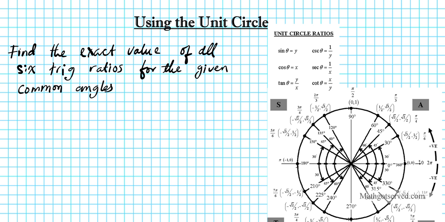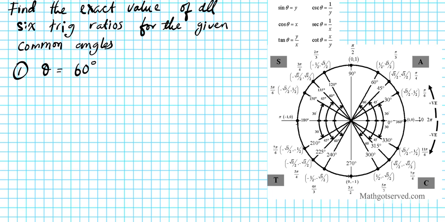All right, so for number one, we're going to consider the angle theta equals 60 degrees. We're going to look for sine, cosine, tangent, cosecant, secant, and cotangent of 60 degrees. The first thing we're going to do is look for this angle theta on the unit circle.